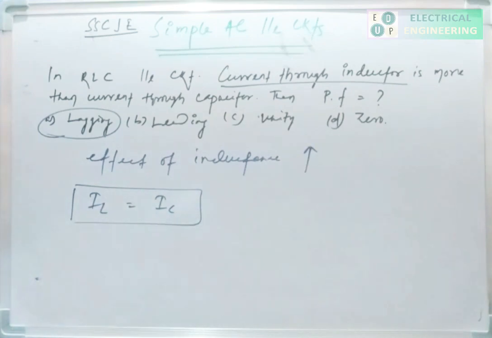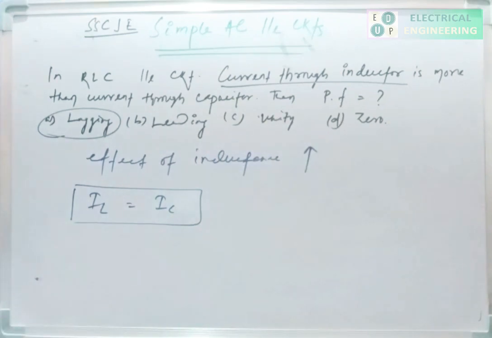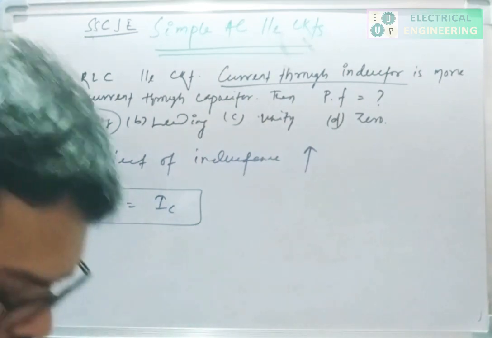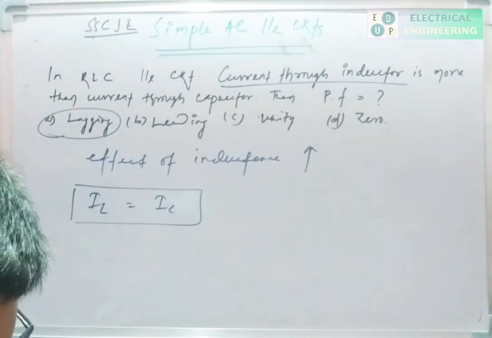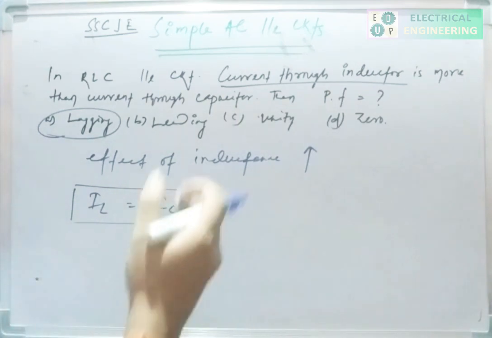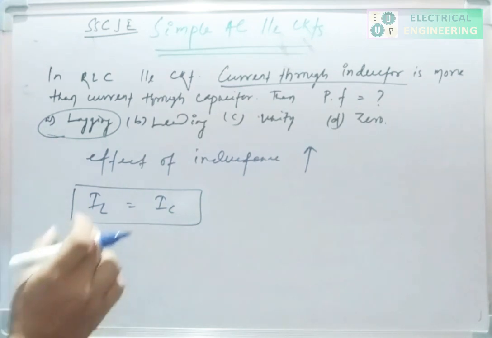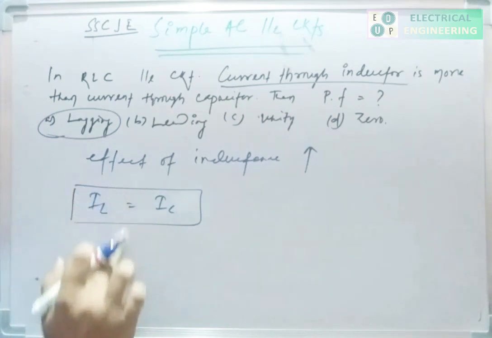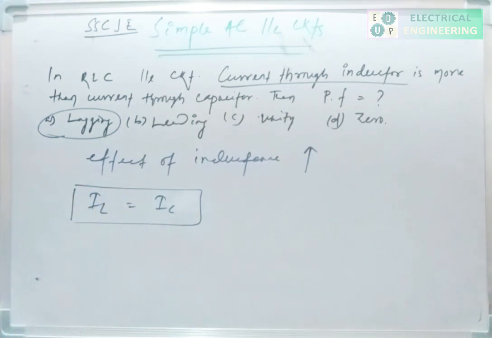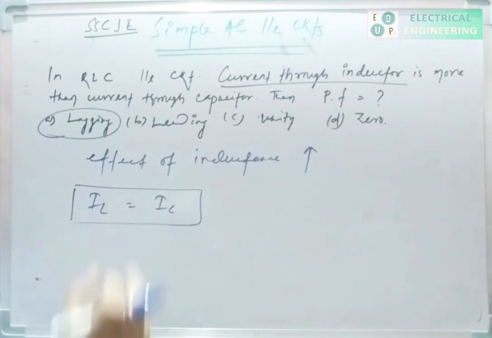If the currents are equal, that means, who provides reactive power? Reactive power is supplied by the capacitor and it is consumed by the inductor. So here, if the currents are equal, that means the required amount of reactive power for the inductor is being supplied by the capacitor.